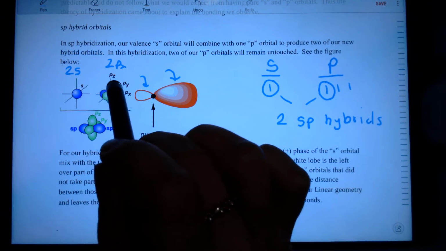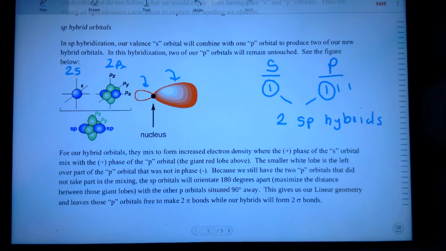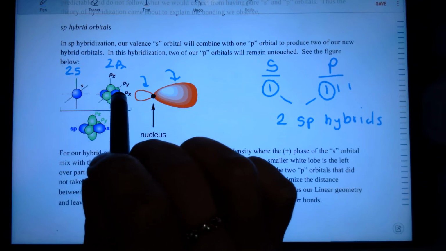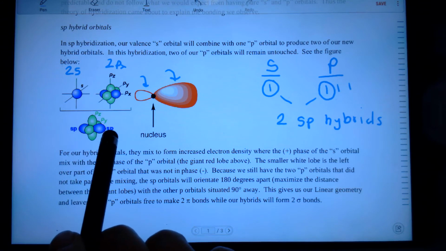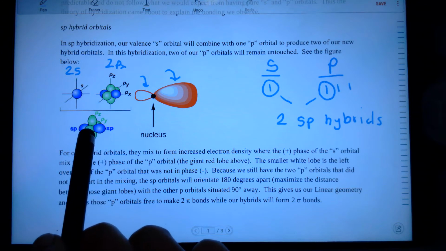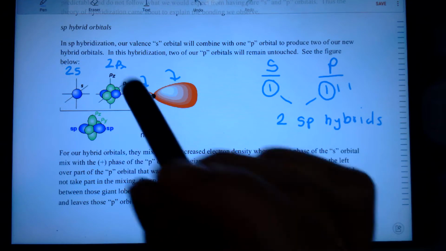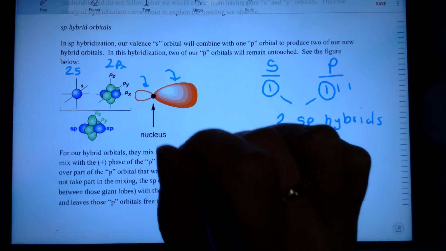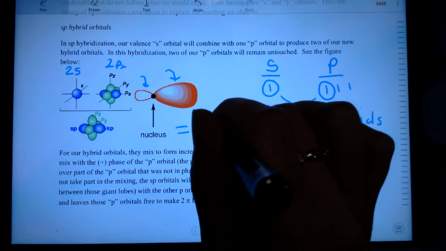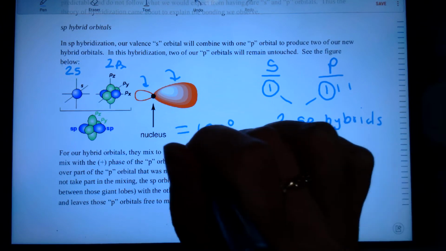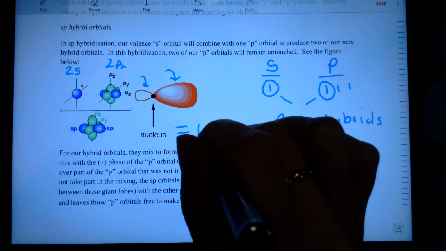They are the green ones in here, the PZ and the PY. Look at what we initially started with, and now look at those giant lobes here. We have one pointing in one direction, and one pointing in the other. So when we have sp hybridization, that gives us the 180-degree bond angles, or the linear shapes.